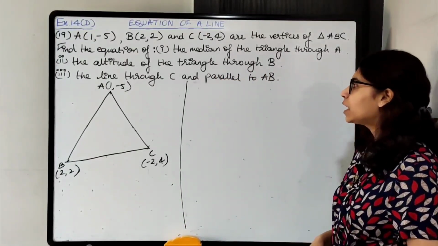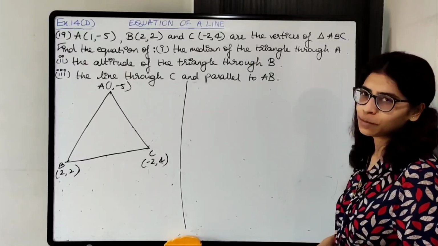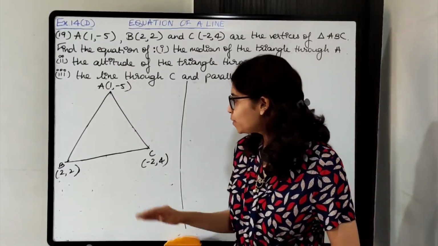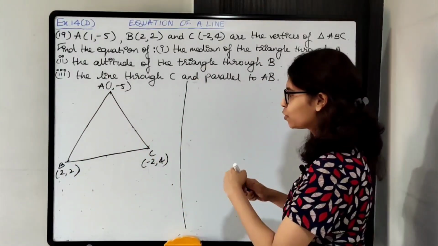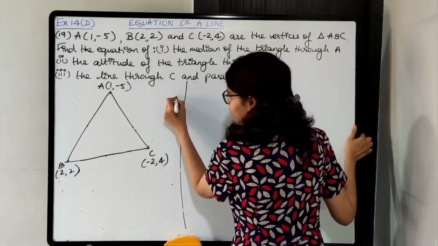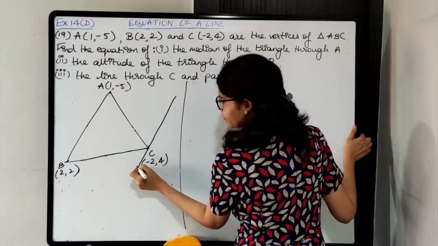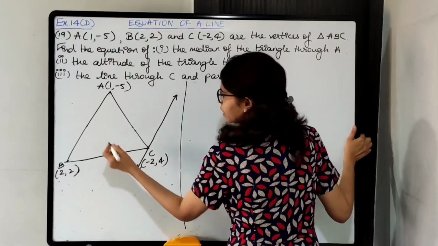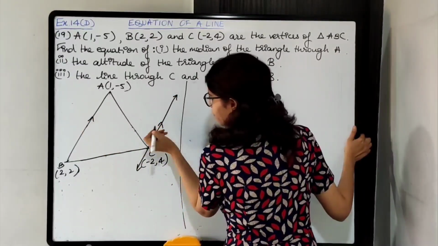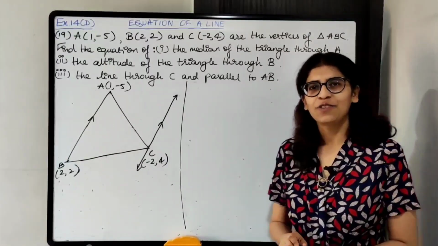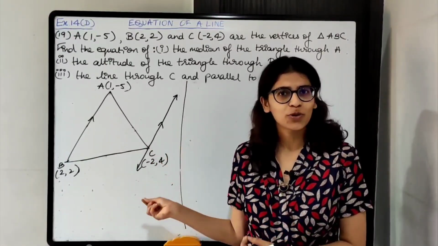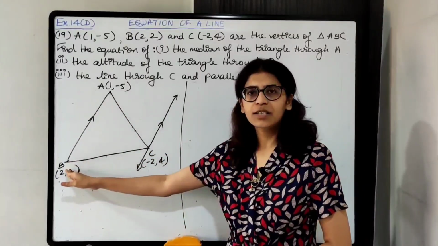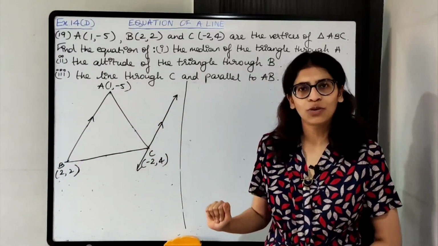Okay. Coming to third part of the question. Find the equation of the line through C and parallel to AB. There is a line through C which is parallel to AB. So draw the line. These two lines are parallel. We know parallel lines have equal slopes, same slopes will be there. So whatever the slope of AB is, that will be the slope of this line.